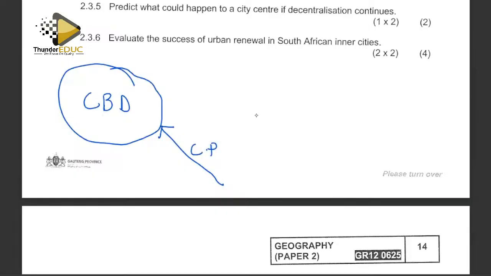So if we have the CBD, we have centrifugal factors and centripetal factors. Centripetal factors attract activities into the CBD, and the centrifugal factors repel activities from the CBD.